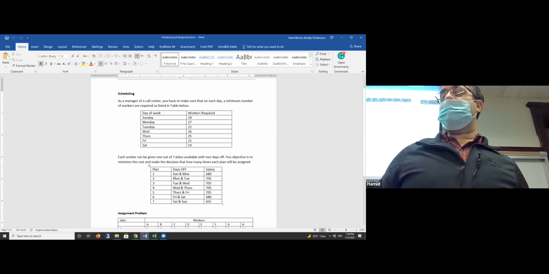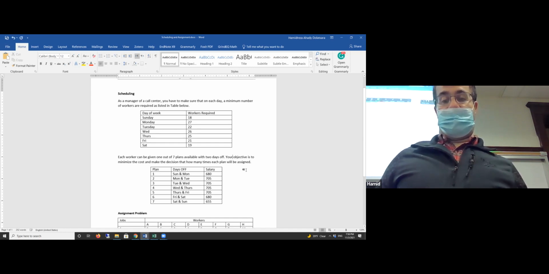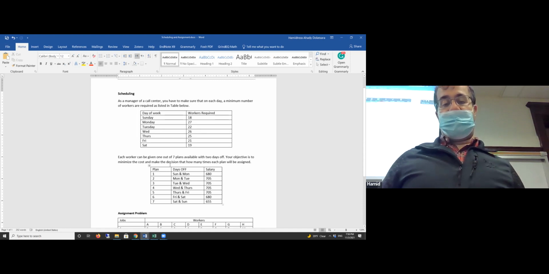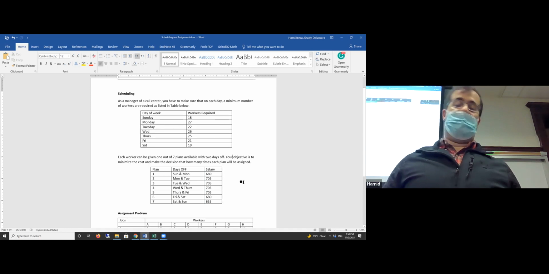Also, because of their work and type of the day, they have different salary compensation. So each worker can be given 1 out of 7 plans available with 2 days off. Your objective, there's a typo here. So your objective is to minimize the cost and decide how many times each plan will be assigned.